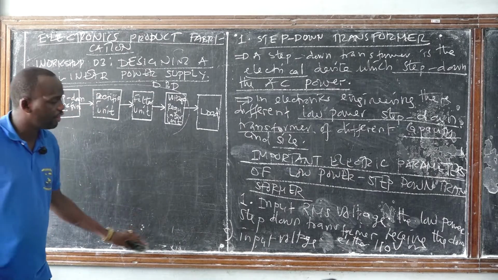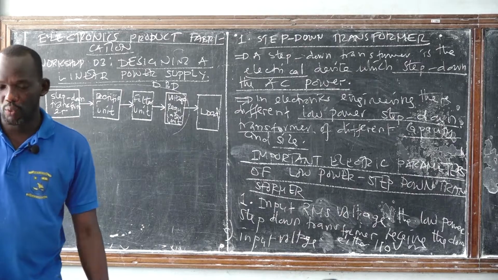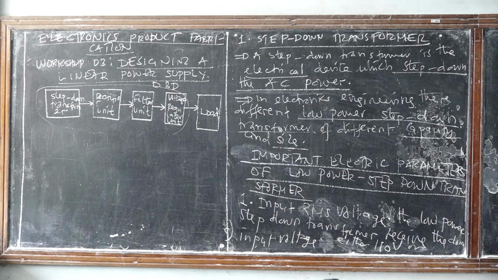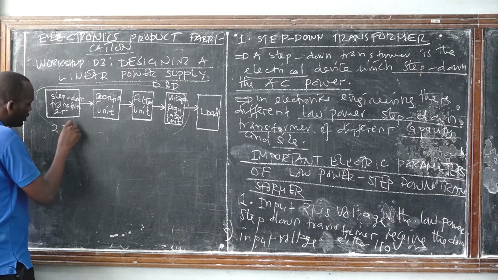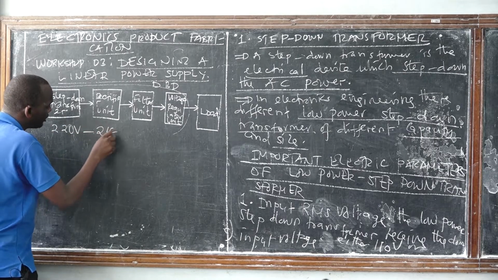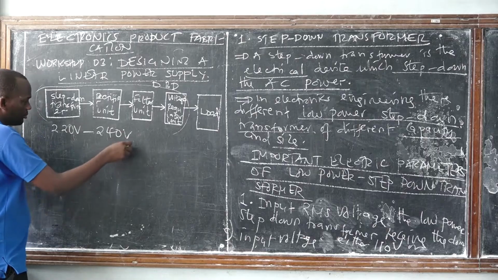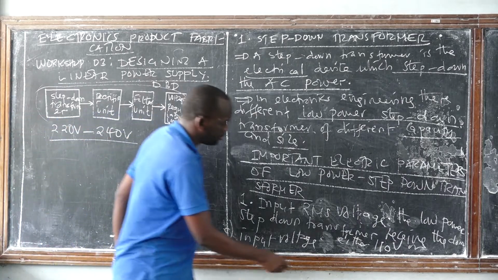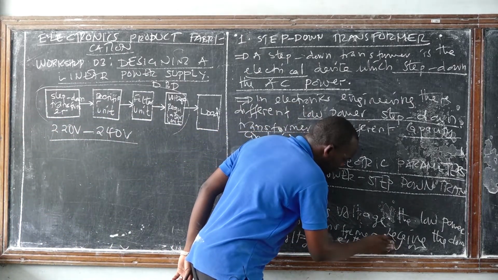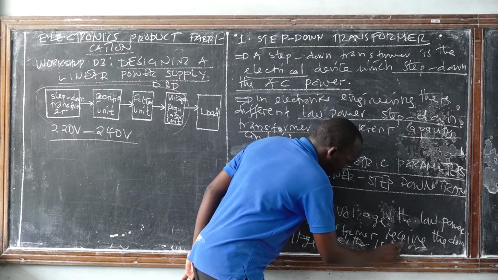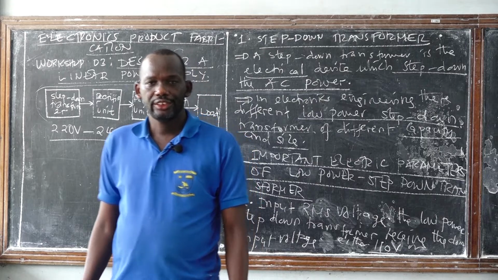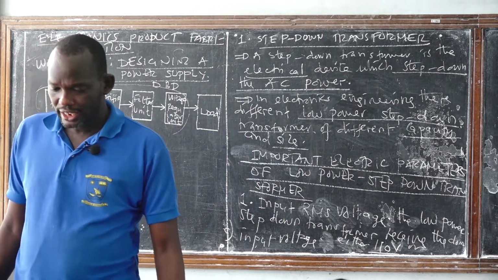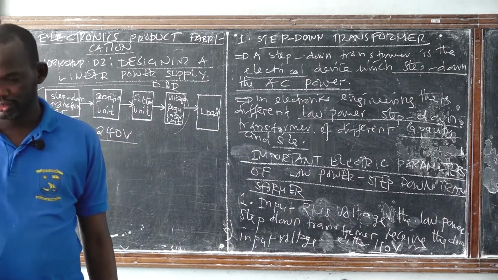So the input voltage might be either 110 volt or 220 volt to 240 volt. These different input voltages depend on the domestic root mean square voltage. In the United States of America, they are using 110 volt.